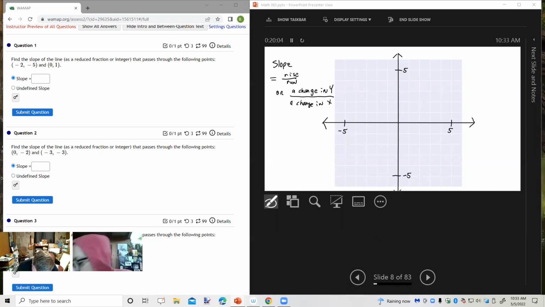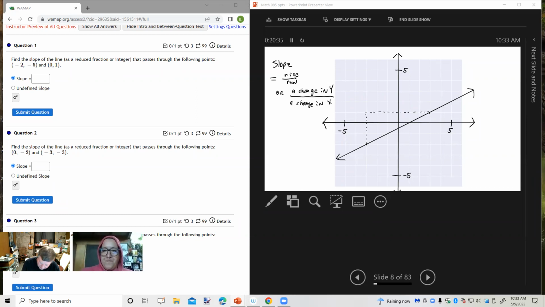Let's take a look at a line that goes through those two particular points. First of all, going from left to right, we see that the line is going up, so it has a positive slope. And slope is defined as rise over run. We're going to draw a right triangle, like so.